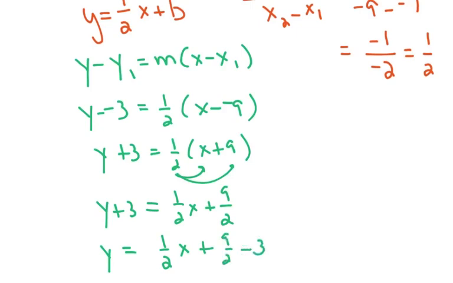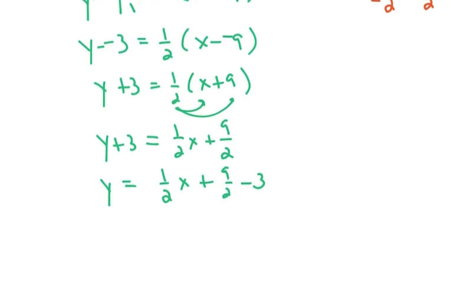So if I do in my calculator 9 divided by 2 minus 3, I'm going to find out it's 3/2. Another way of writing this is (x plus 3)/2. Sometimes people forget that you can combine the two fractions into one if they have a common denominator.